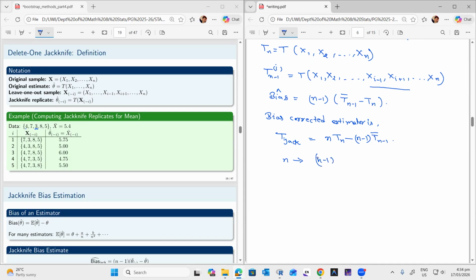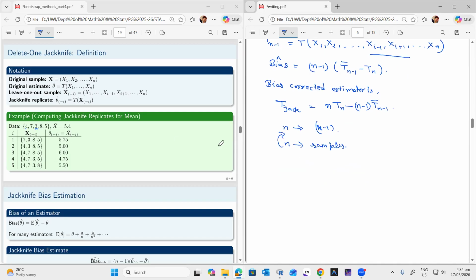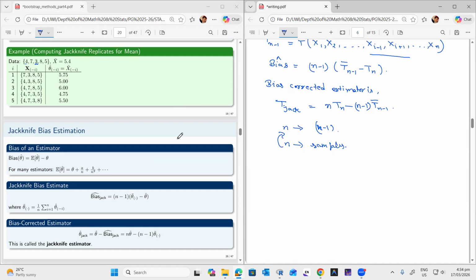And we will collect n samples, because the original sample size was n, so we collect n samples only. These are the samples that we collect, and after that we calculate the bias estimates and all these things here.